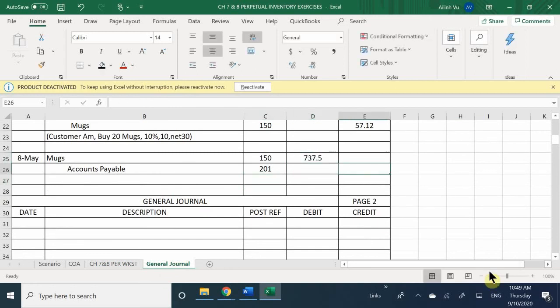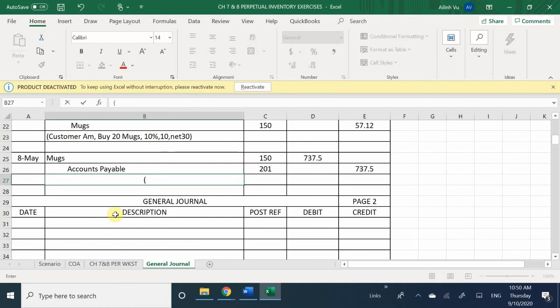I'm also going to throw in a little reminder in my description that this was from Cuppy's Co. and it was 5%, 15, net 30.